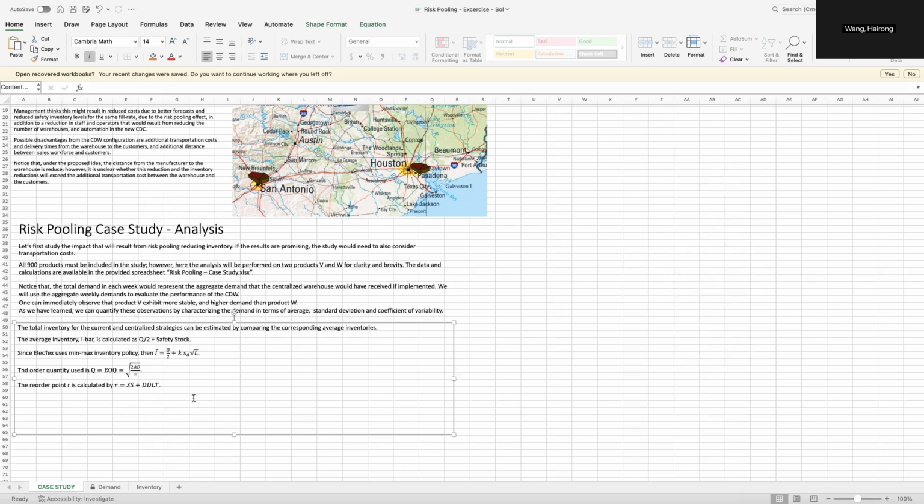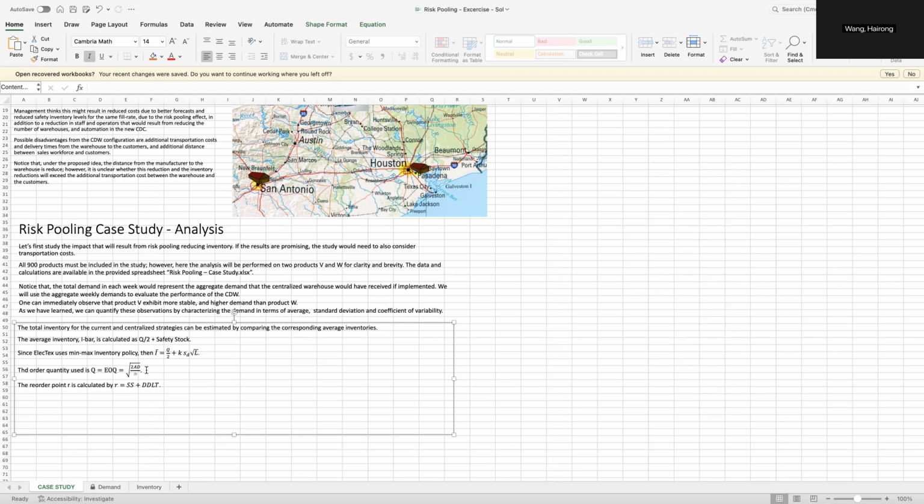All right, then by observing this formula, we can know that if the order cost is increasing, then the order quantity Q will increase together with A, the order cost, right? And on the other hand, if the holding cost H is increased, then our order quantity Q will decrease, right?